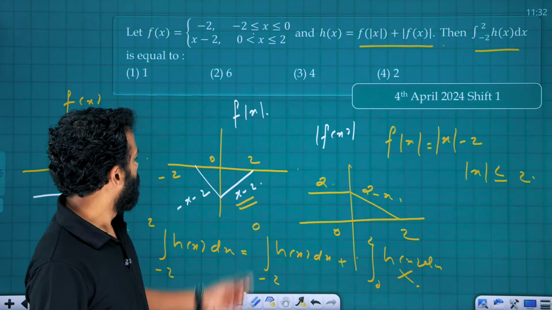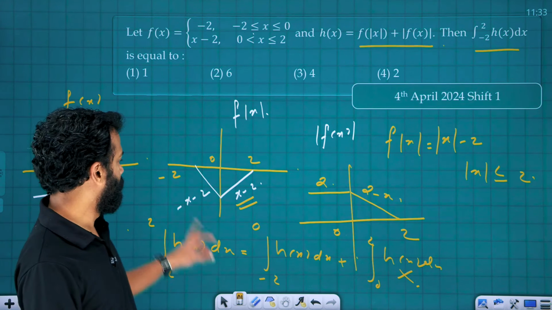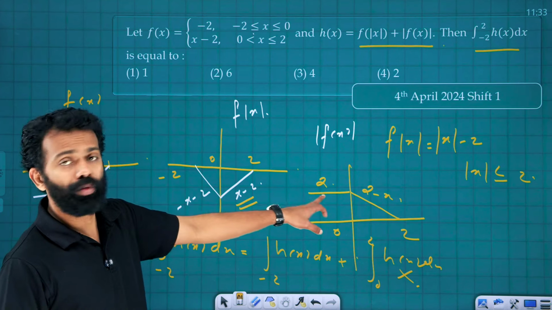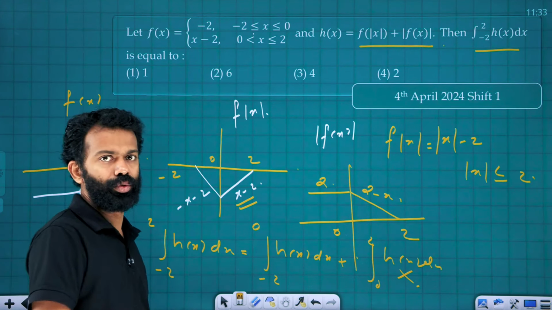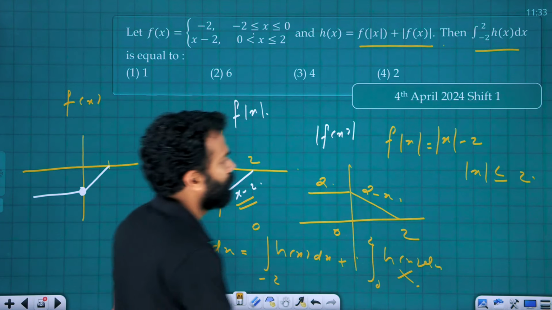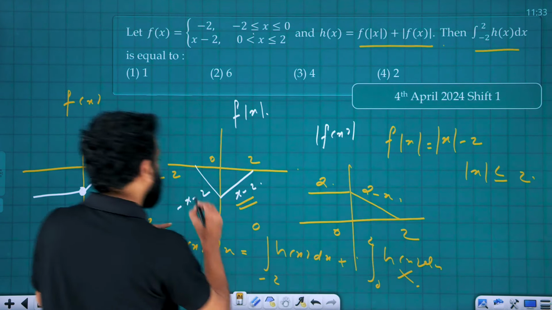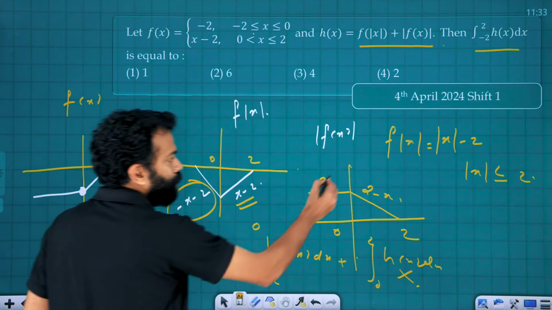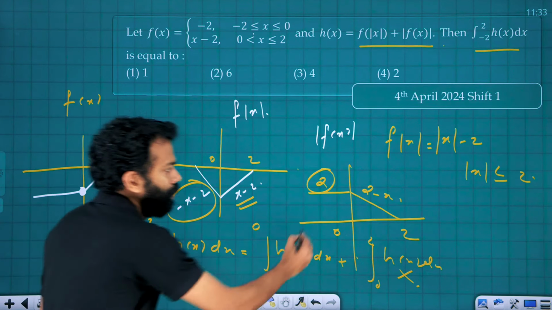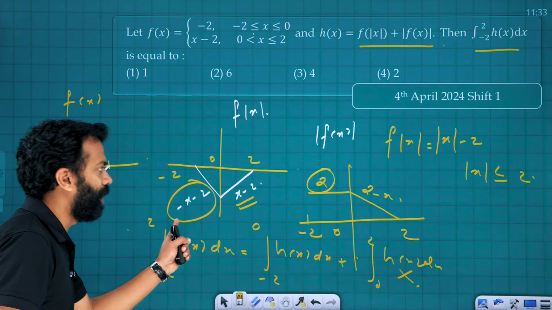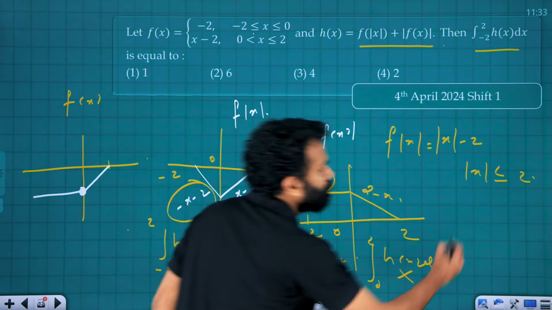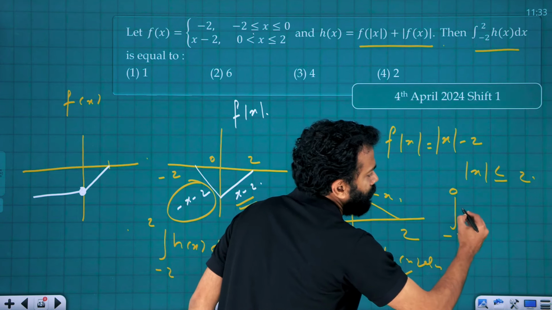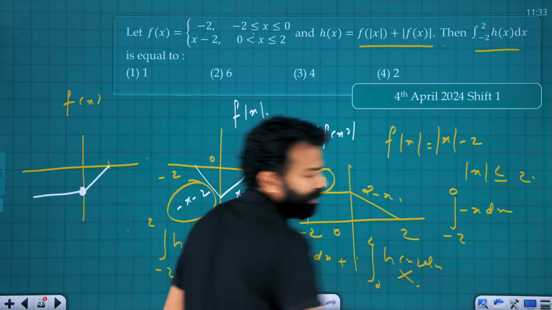Here we have minus x minus 2 and here we have 2. If you add minus x minus 2 and 2, you will get minus x only. Therefore, it will be the integral from minus 2 to 0 of minus x dx.